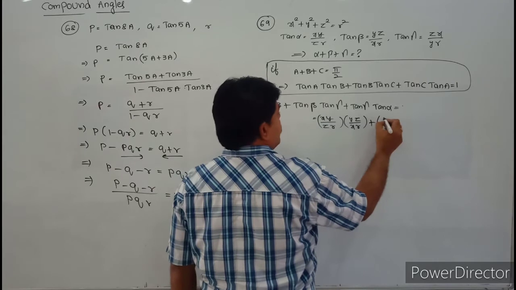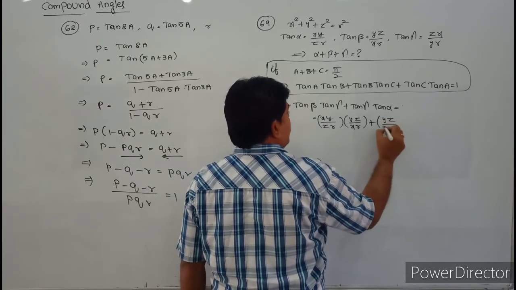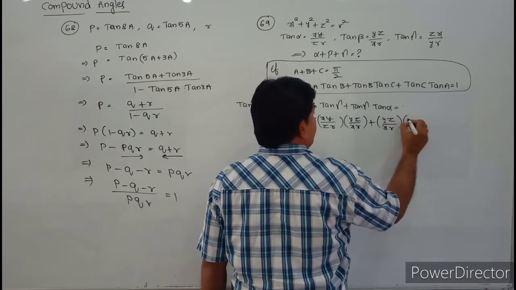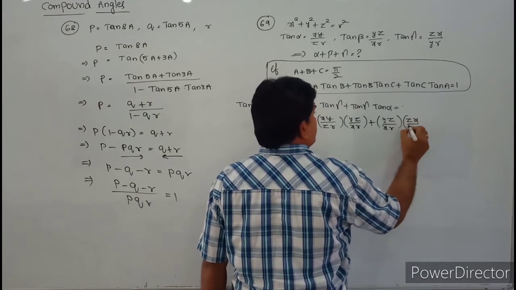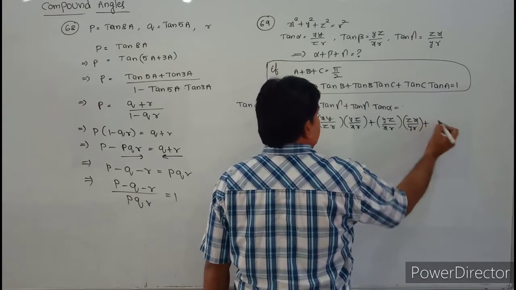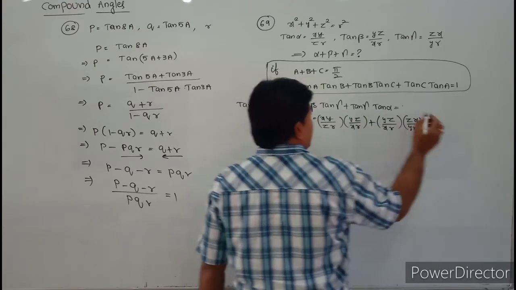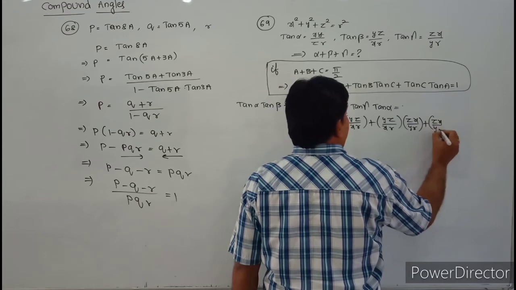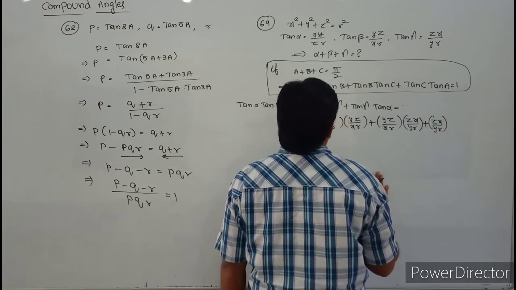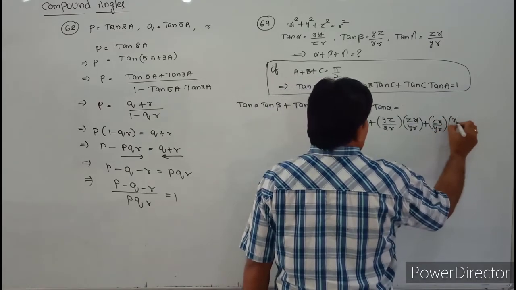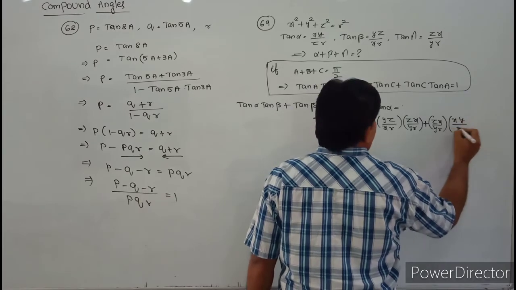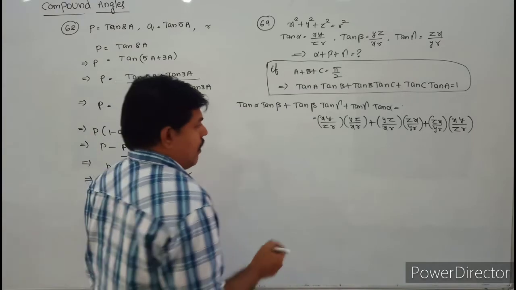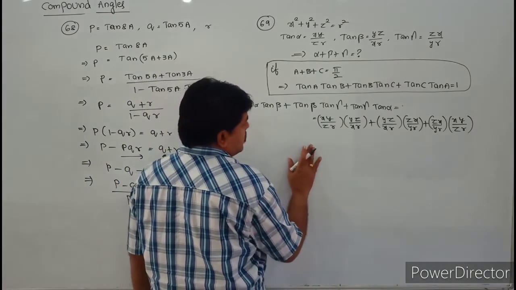So that is nothing but yz by xr into tan gamma. Tan gamma is nothing but zx by yr, plus tan gamma into tan alpha. Tan alpha is nothing but xy by zr.